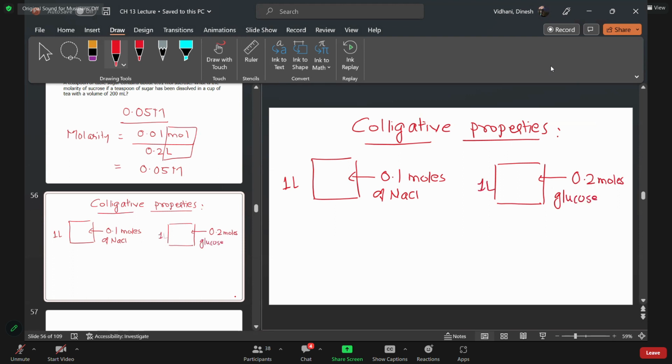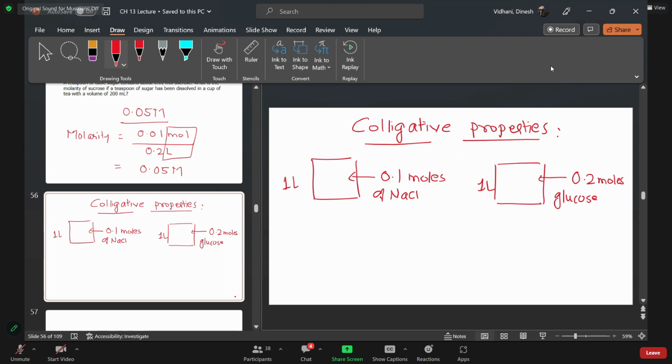and 1 liter. Now, when you look at the boiling point of these two solutions, one containing 0.1 moles of NaCl, the second containing 0.2 moles of glucose, you'll be surprised. The boiling point of these two solutions will be the same.